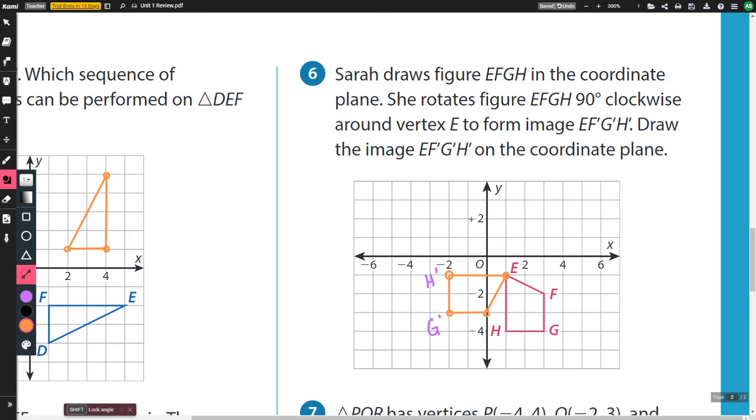If I ended up with the shape being over here instead, I knew something would be wrong, just because I know this shape would have to be reflected somehow. So here is my figure with my labeled points as well.